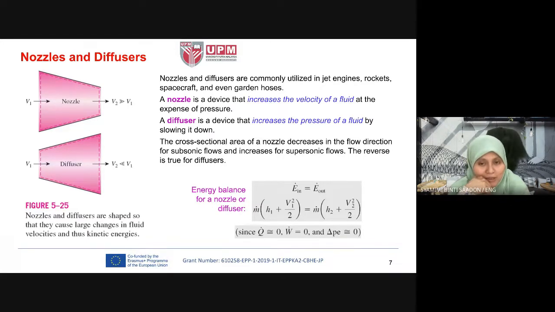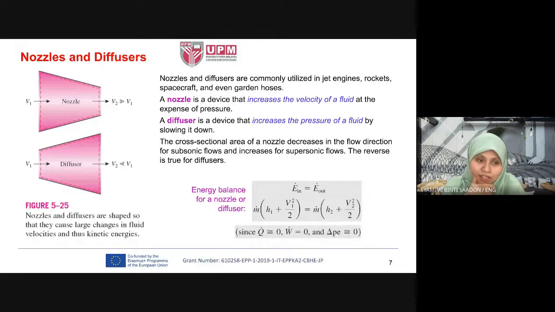But for us, the more important is that we will apply this in jet engines, rockets, spacecraft. Why? Because the main function of the nozzle is to increase the velocity. That's what we want in aircraft, jet engines, rockets. We want the fluid to be in high speed flow.